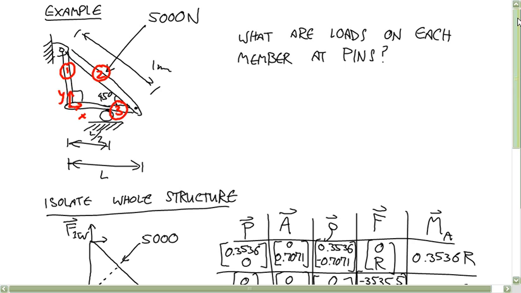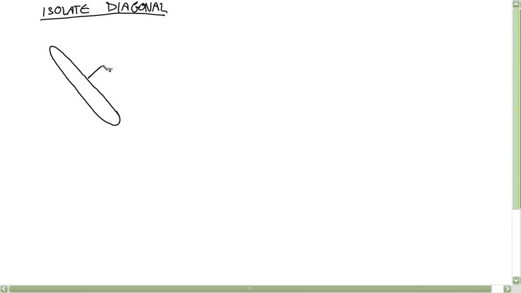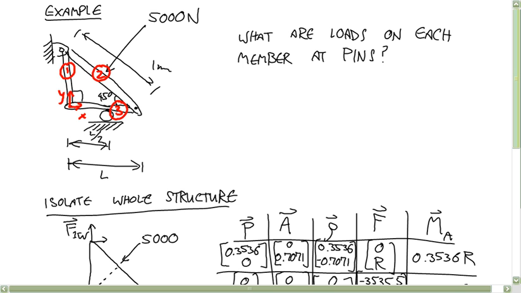What loads are acting on that? Yep. Full force on both ends then. And what are they applied by?